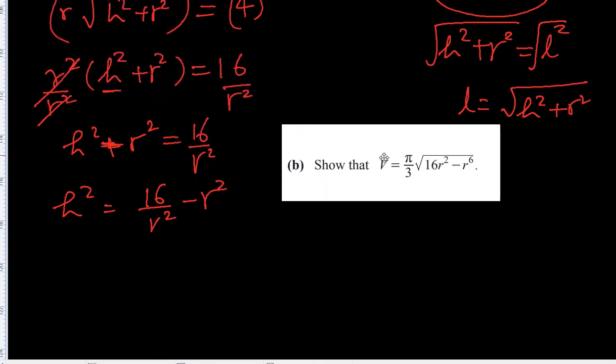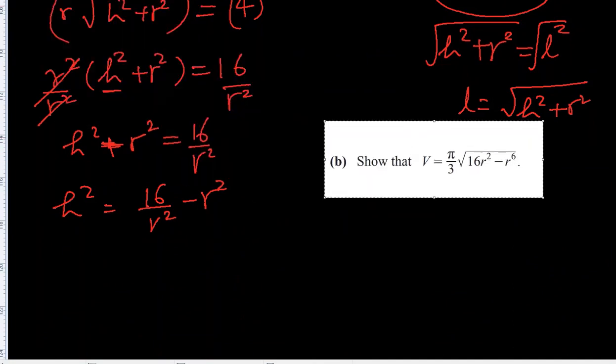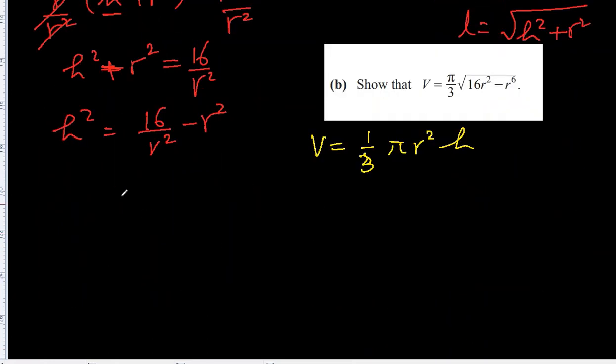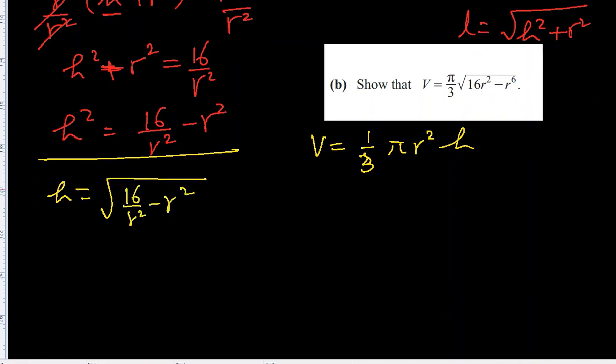Okay, let's see what is next. Show that volume is equal to this, and we'll do the same thing here also. Volume formula they've given 1 over 3 pi r square h. We don't see any h here. Can you see? Only r is there. That means we have to find the relationship between h and r, and we already have it here. Can I write h equal to square root 16 over r square minus r square, right?